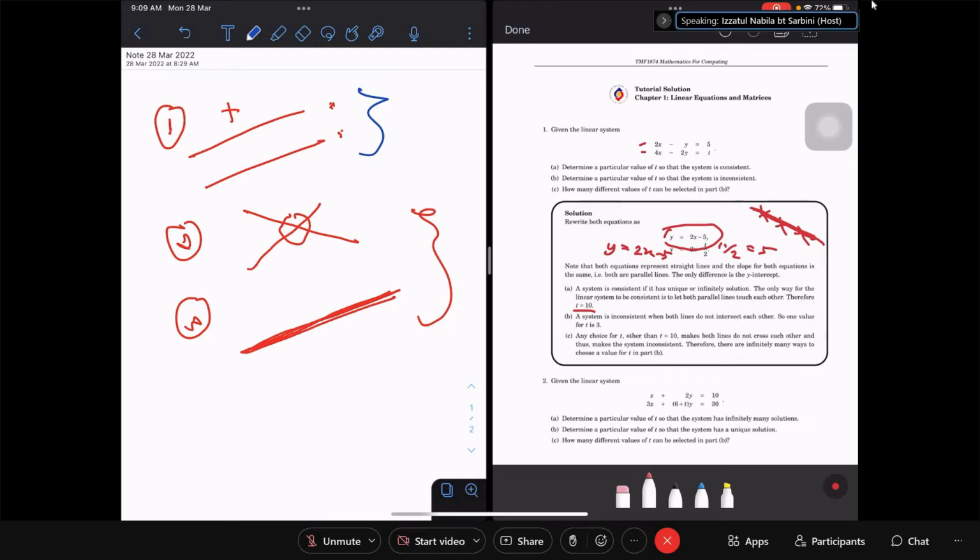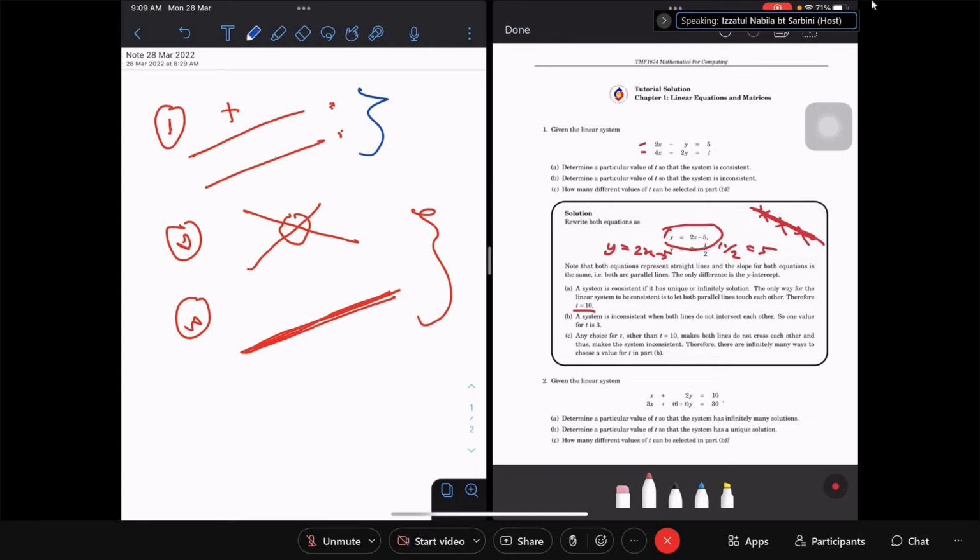Question C, how many different values of t can be selected in part B? Your answer will be as long as t is not equal to 10, then we can say it is inconsistent. No solution.